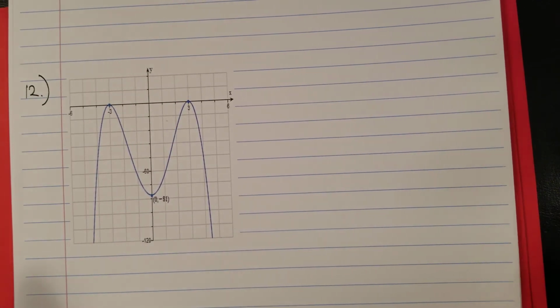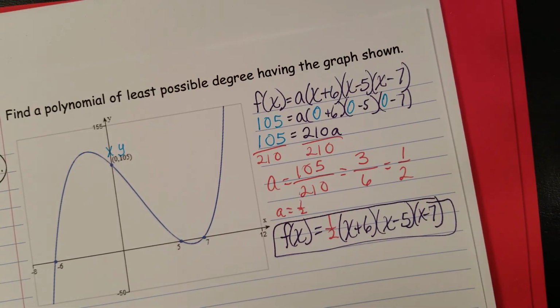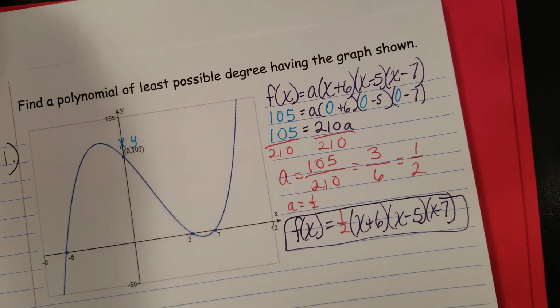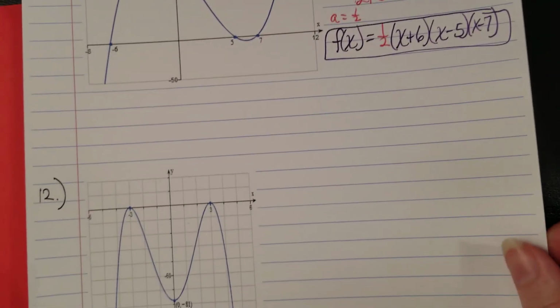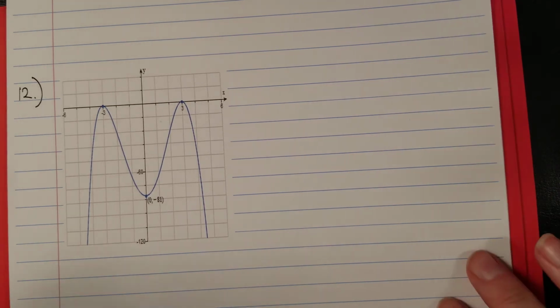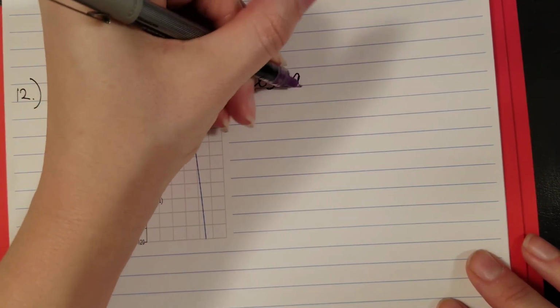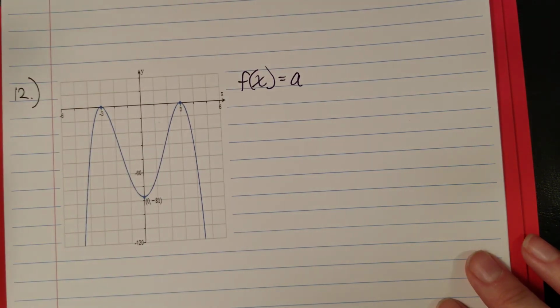Okay. And so what it says is it's saying find the polynomial of least degree. Okay, so don't throw in any additional x's. So in this case, f of x equals, again, I'm going to put a for the leading coefficient for right now.